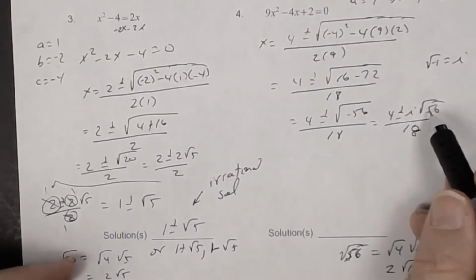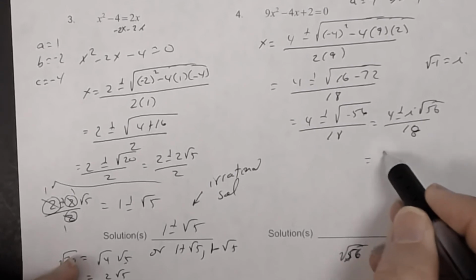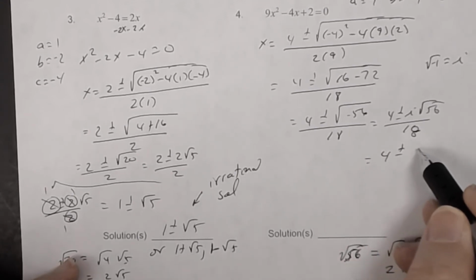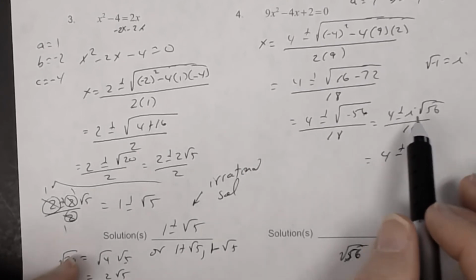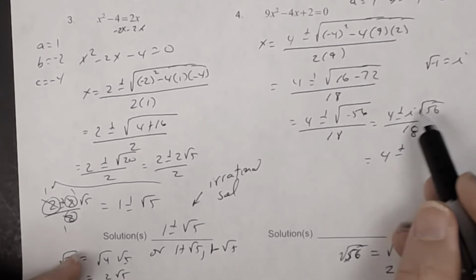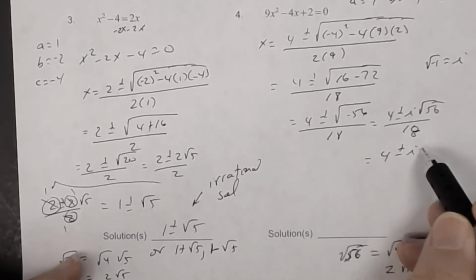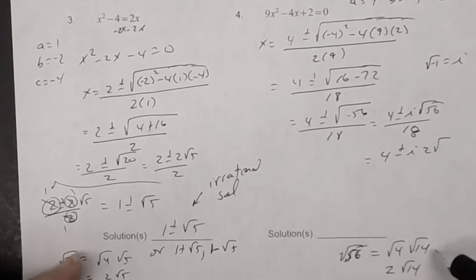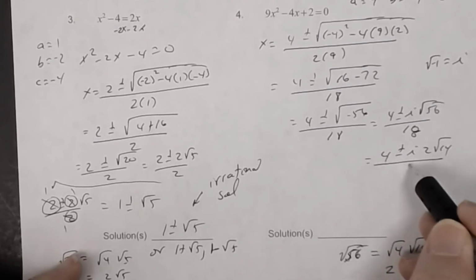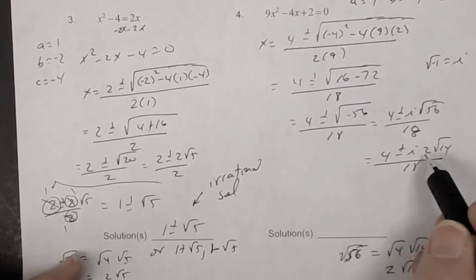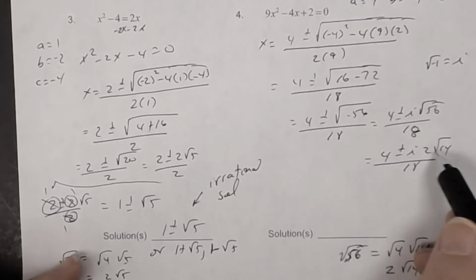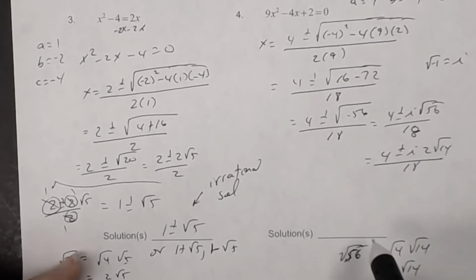So that goes here. So it becomes 4 plus or minus. Now remember, you got to be careful, and I'm running out of room, so listen to what I'm saying. So this right here is i times 2 square root of 14, right? All divided by 18. All right, now usually though we prefer to put the i between the 2 and the square root, but I'm going to leave it like that for right now.